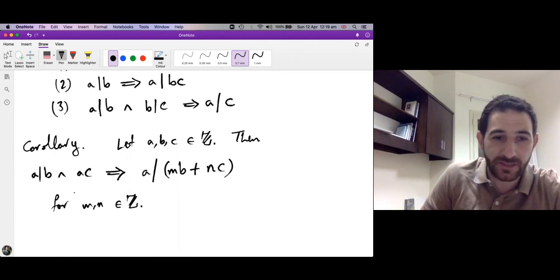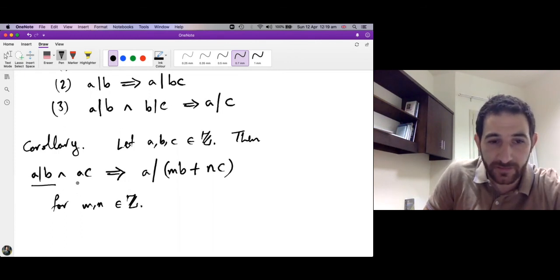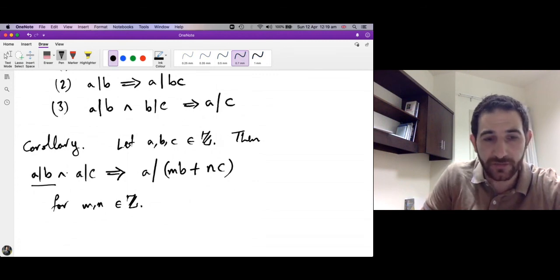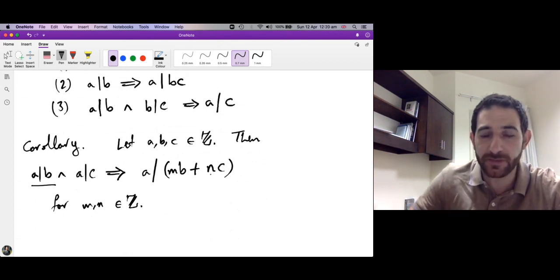Again, what does it say? Suppose an integer A divides two integers B and C, then it will divide the sum of multiples of B plus multiples of C.